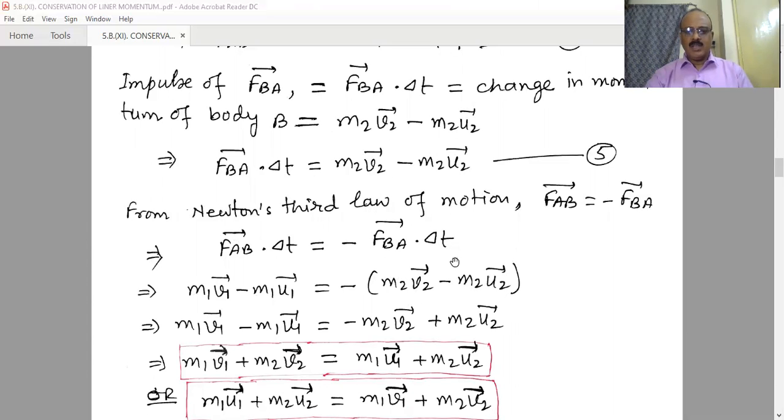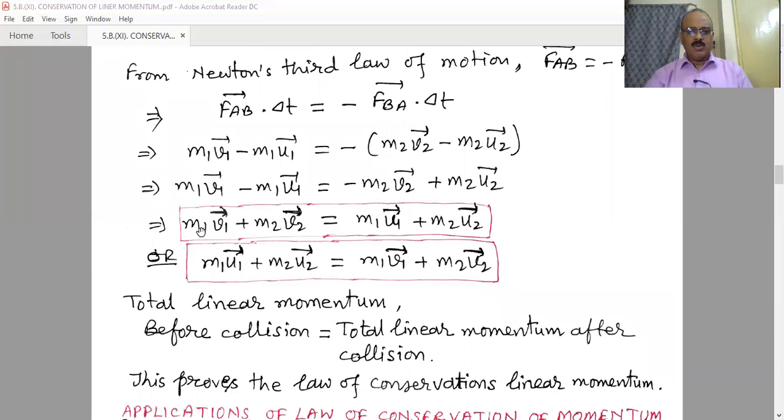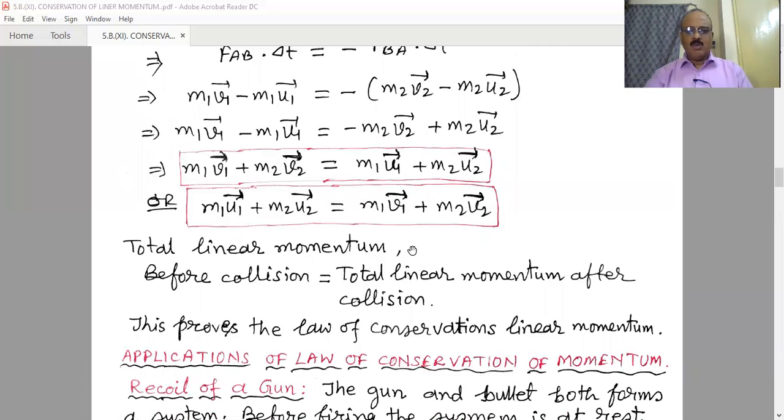Already we know it by putting the values from equations 4 and 5 in this equation. We get this, and now multiplying by the minus sign, minus, minus becomes plus, and by calculation we get m1 v1 plus m2 v2 equal to m1 u1 plus m2 u2, or m1 u1 plus m2 u2 is equal to m1 v1 plus m2 v2. Therefore, the total linear momentum before the collision is equal to the total linear momentum after the collision.